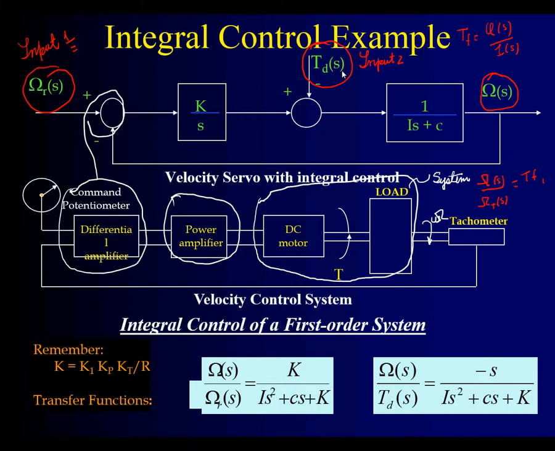But this is also an input, and you can have the transfer function of omega with respect to the disturbance, and this will be transfer function 2. Transfer function 2 is this. Transfer function 1 is that one.